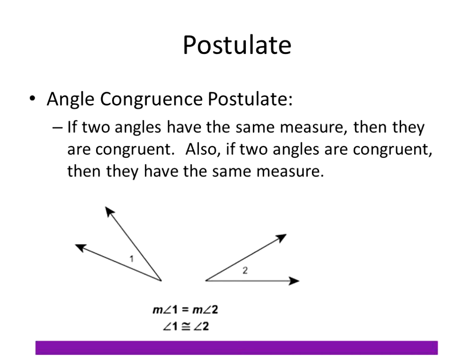And remember I said that in the directions for this, you needed to write congruent statements where it was appropriate. Angle 1 congruent to angle 2 is a congruent statement.